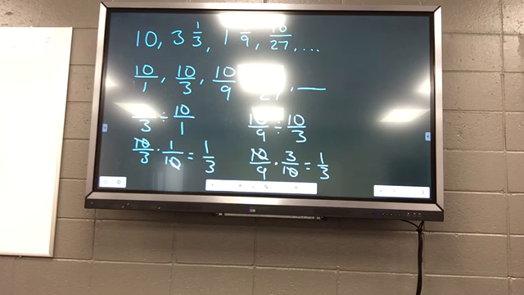So that gives me negative 20 thirds. Okay, that's my first difference. Then I have to try with the next two. So 10 ninths minus 10 thirds, right? Which is going to be 10 ninths minus 30 ninths. That's negative 20 ninths.